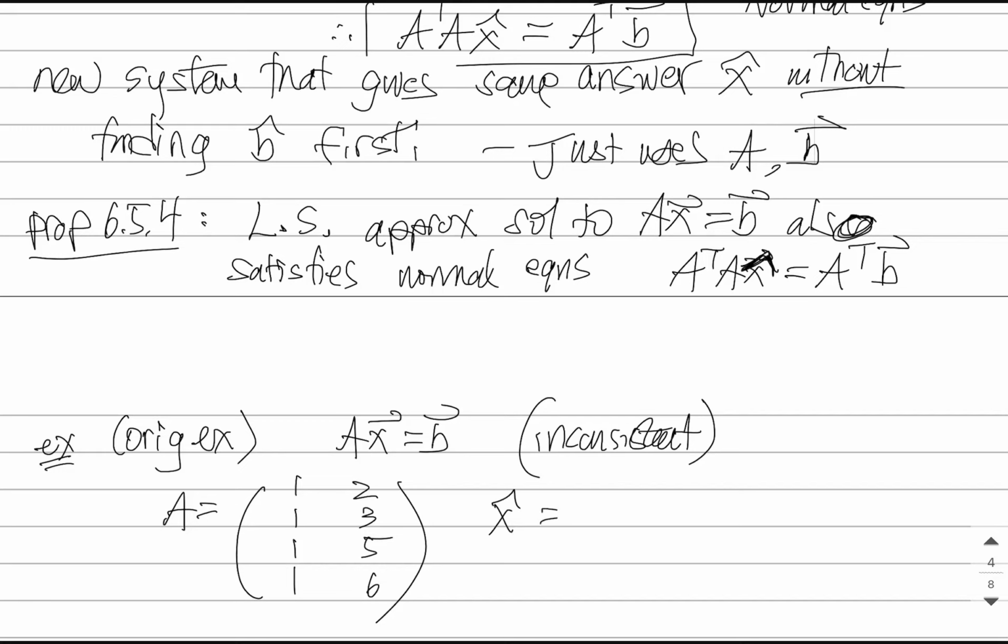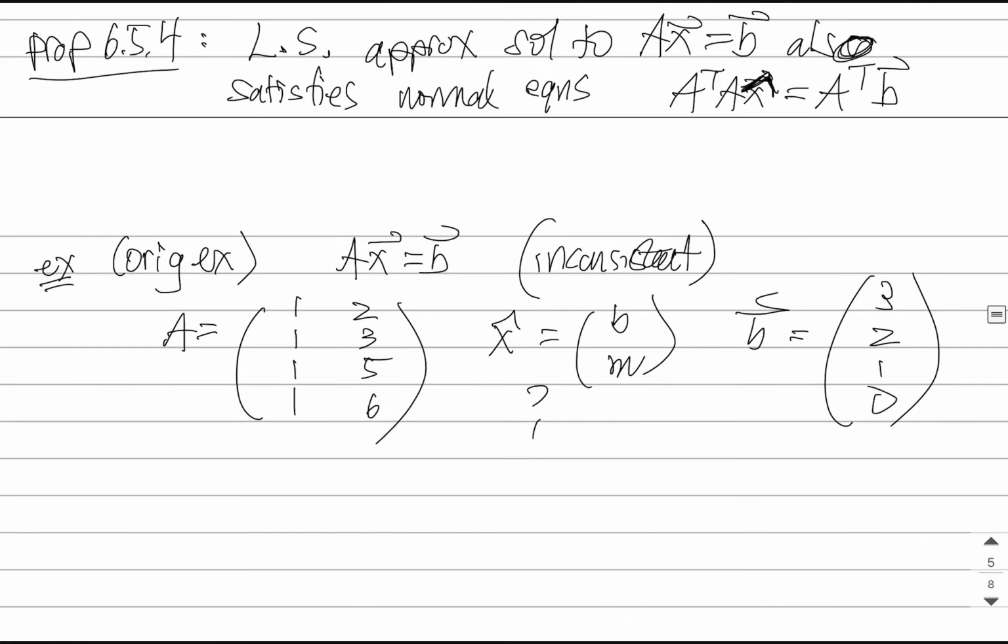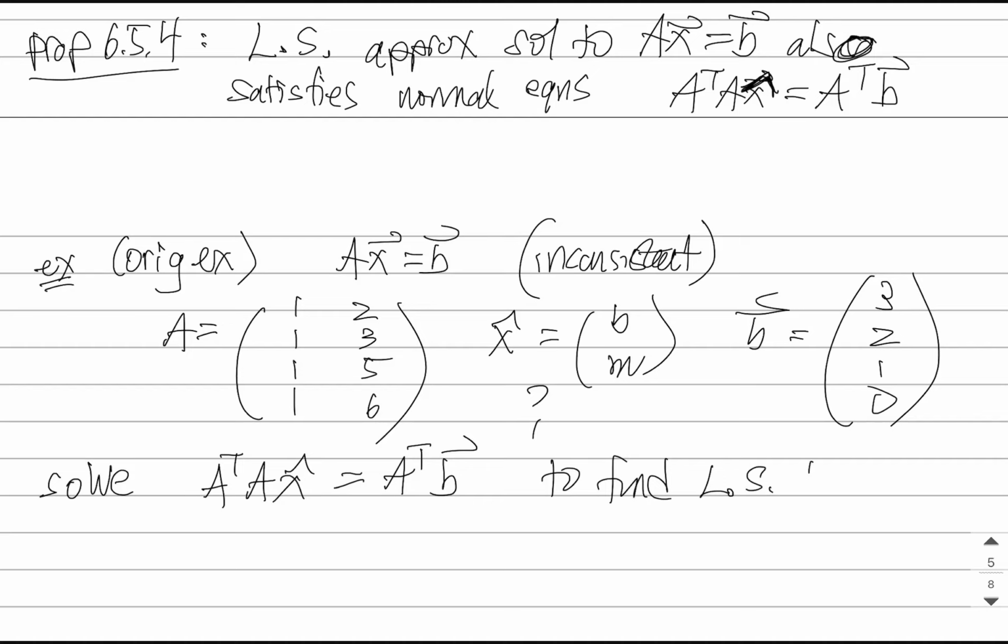The x hat was made up of the two parameters we were looking for, and the b was 3, 2, 1, 0. So now what we are going to do is solve this other system, A transpose A x hat equals A transpose b, to find our least squares best solution.